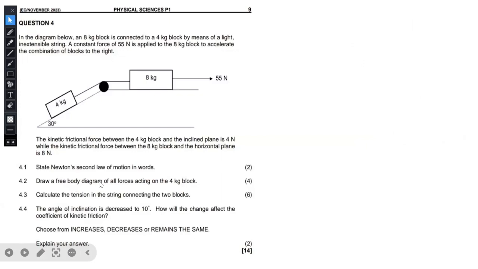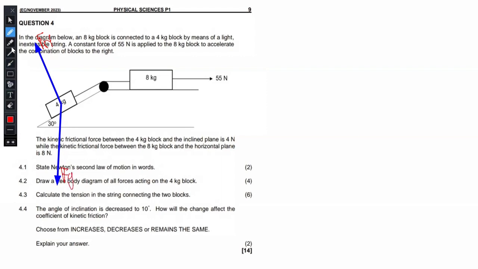4.2, it says draw a free body diagram of all forces acting on the 4 kg block, and then we have 4 marks for that. Now, I did mention that you can draw this in 2 different ways. So one is to just go and say, this is your normal force here, and then you have this one here acting down like this, and this will be your gravitational force.